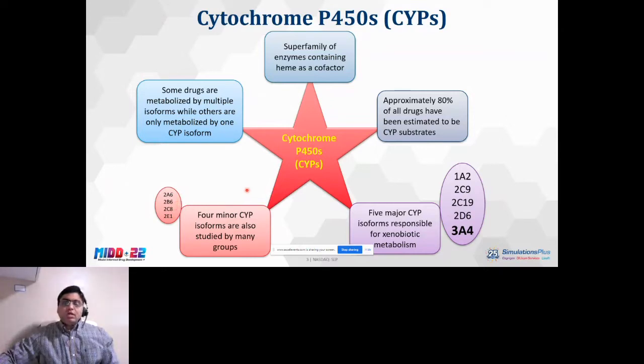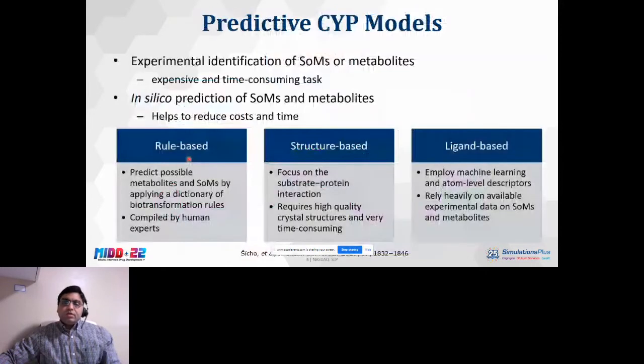One thing I would like to mention here is that some of the drugs are metabolized by multiple CYP isoforms, but there are some small molecules which are metabolized by only one CYP isoform. Our goal is to look at these CYPs which are responsible for metabolism of these small molecules. There are predictive CYP models.